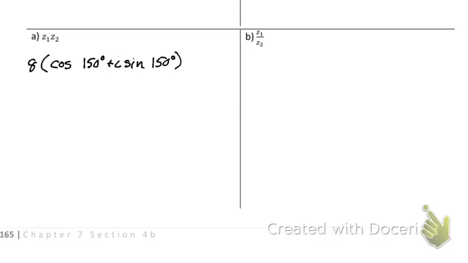Dividing, we should have had 4 divided by 2, which gives me 2. And then we have cosine of 120 minus 30, which gives you 90 degrees, plus i times sine of 120 minus 30, also 90 degrees. Both of our thetas have to be the exact same. So if you didn't get those, write down those answers and make sure you can get those. It's important that you do get those.